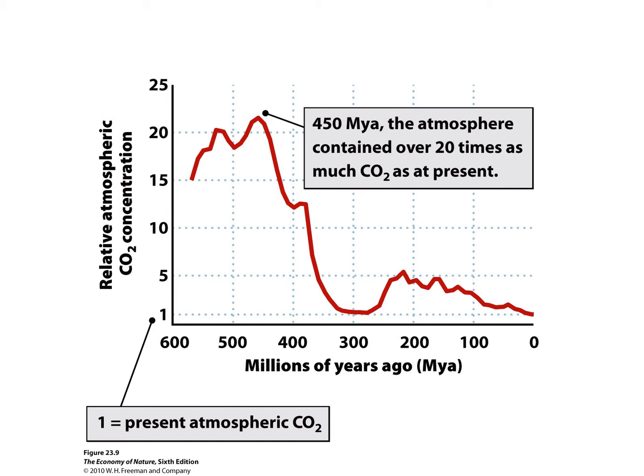The climate of Earth at that time would have been unrecognizable and, quite frankly, uninhabitable to us. So look at what's happening in the next 100 to 150 million years that follows this peak. Carbon dioxide concentrations plummeted to near where they are today.